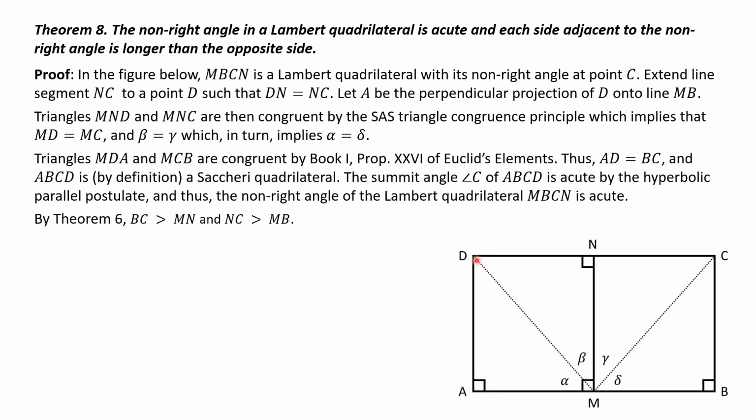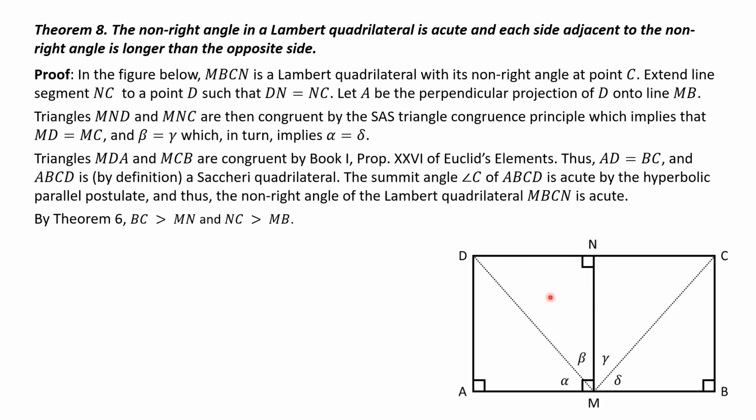Okay, so let's look at these two triangles first, MND and MNC. So this segment is equal to that. Then we have a right angle in both cases, here and here. And then they share this side.